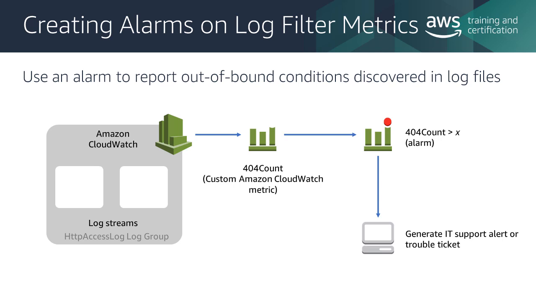Once the count, the number of times a log file hits a 404 error, crosses a threshold, let's say 10 times an hour, so you've got 404 errors coming in over a certain amount, you would like to create a support ticket. You'd like to alert the webmaster, someone to be aware that you're starting to get more than you would otherwise expect. You probably don't want an alert for every 404 error because some of them are people just mistyping a URL. But if you get consistent ones, this is where the log filters come in.